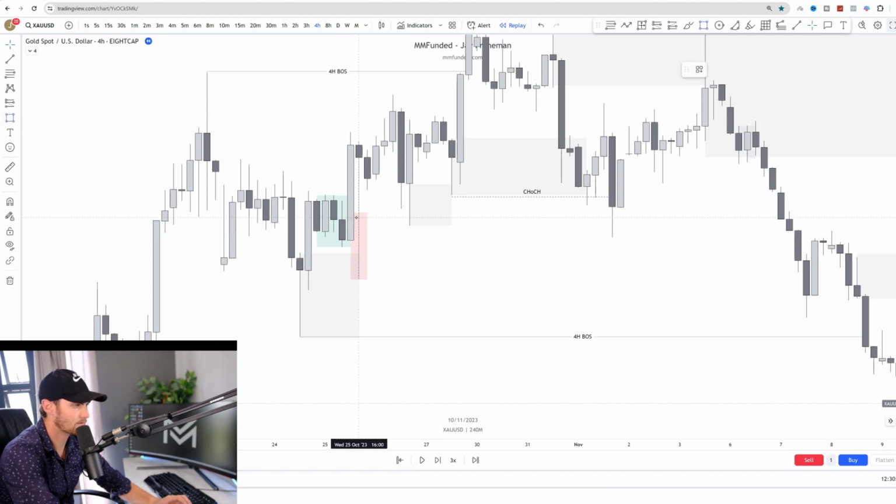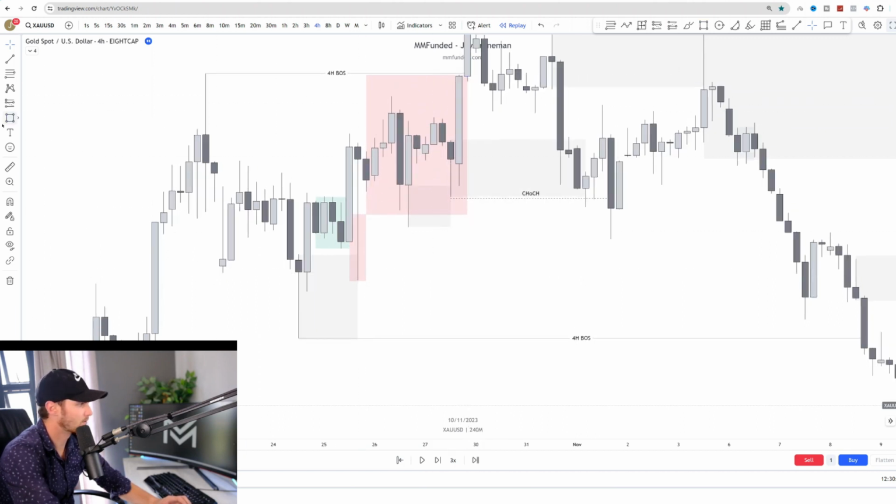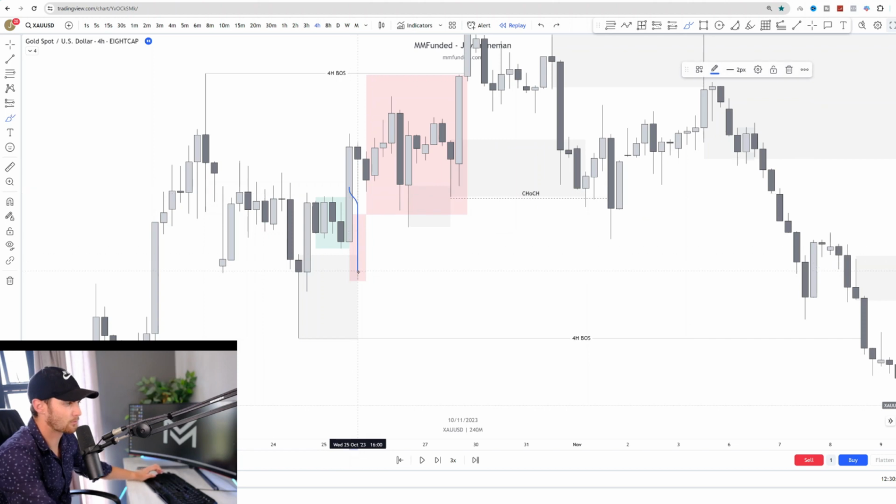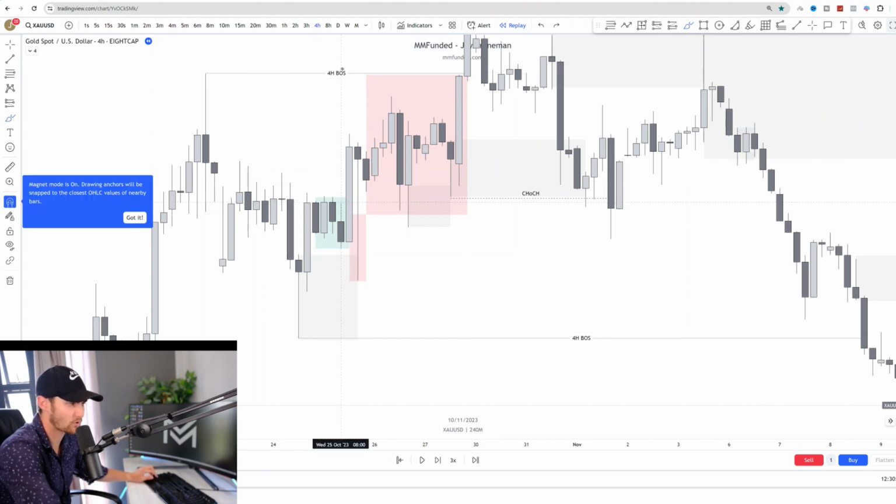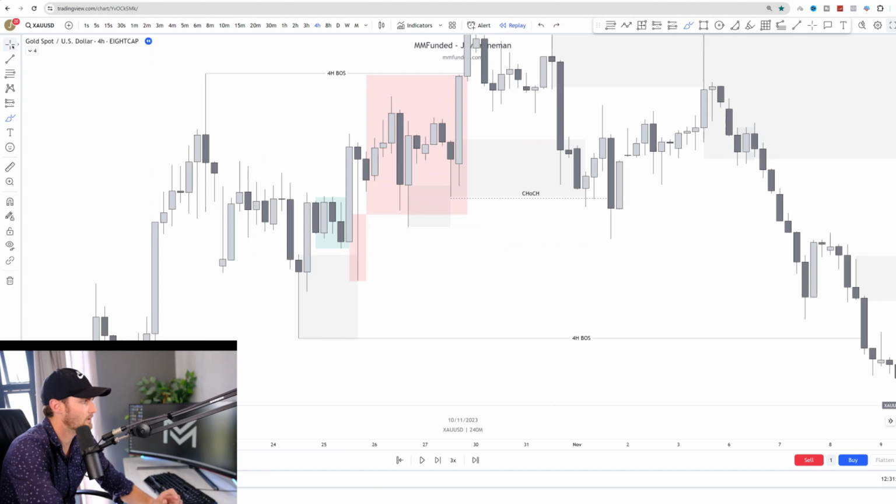And then the distribution with the sweep of that accumulation, market structure shift, pullback into fair value gap to continue long, to continue targeting those relative weak structural high points.